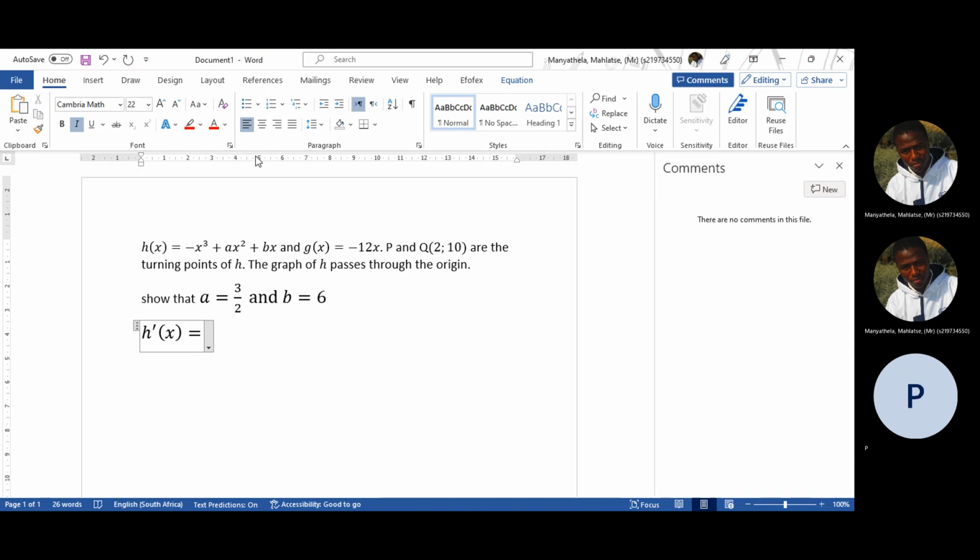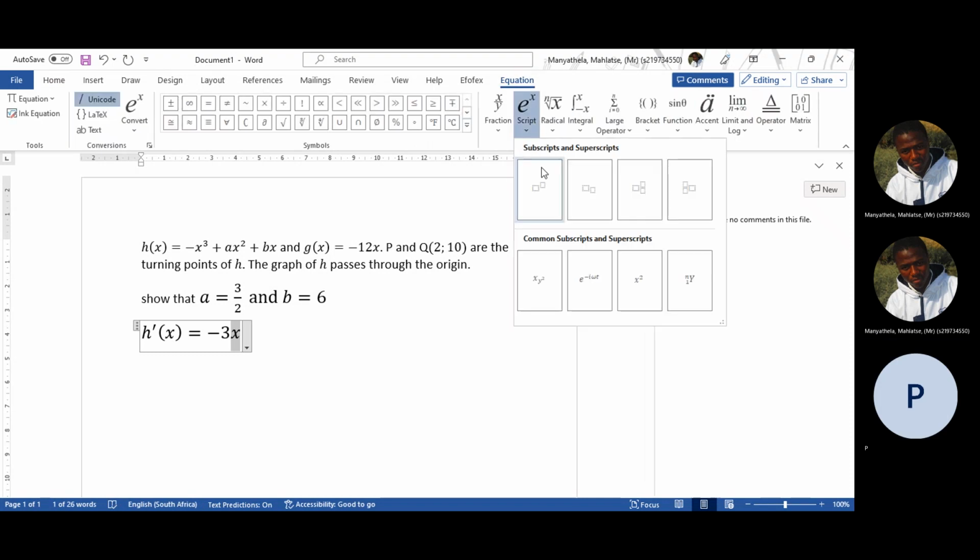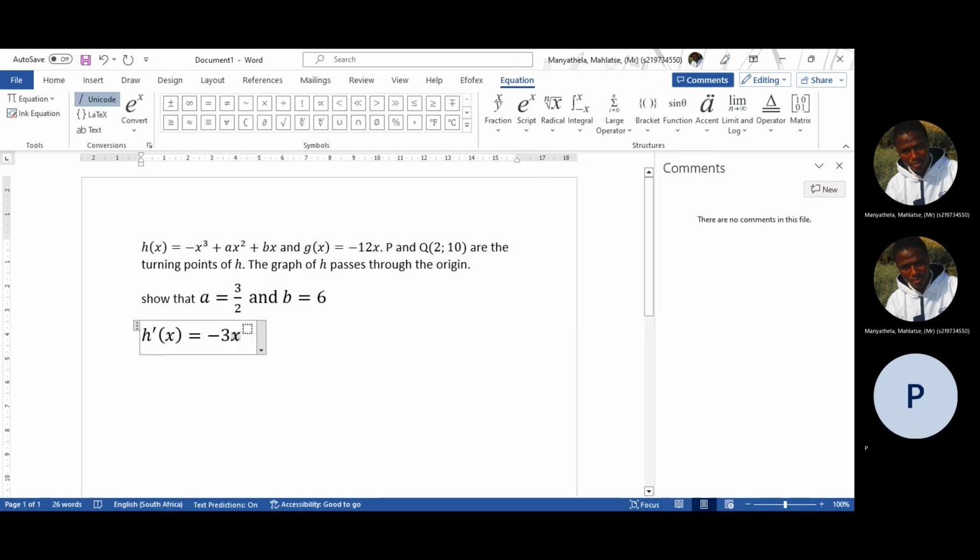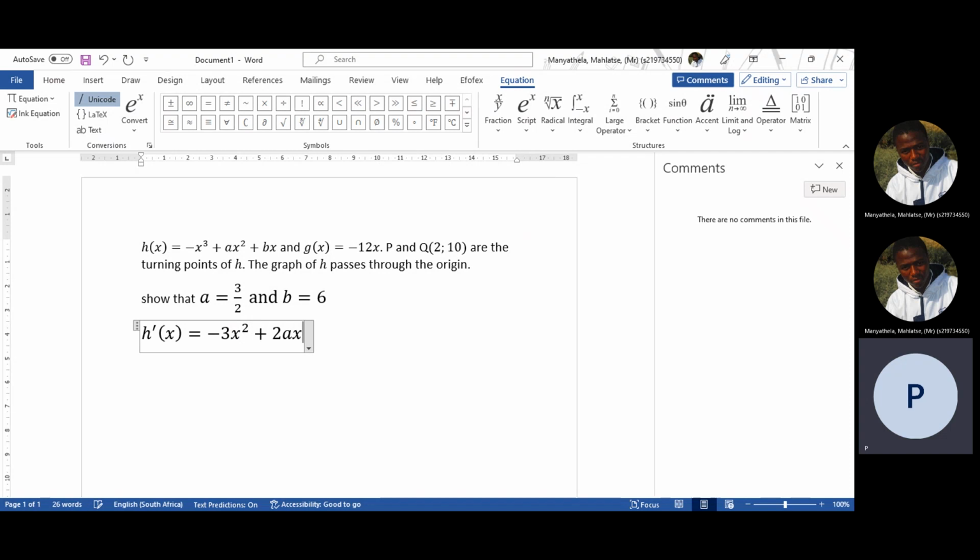So the derivative of negative x cubed plus ax squared plus bx will be minus 3x squared plus 2ax plus b.